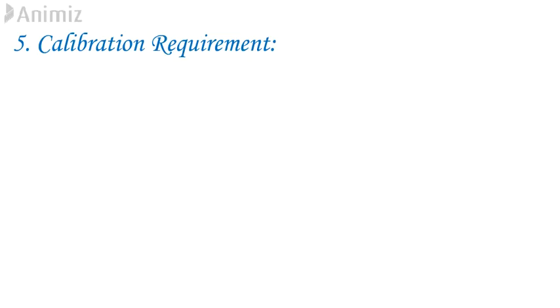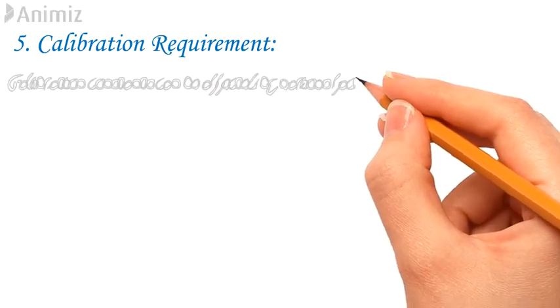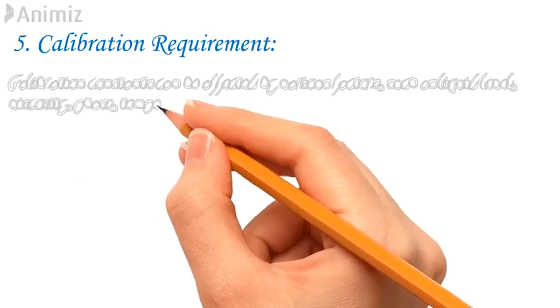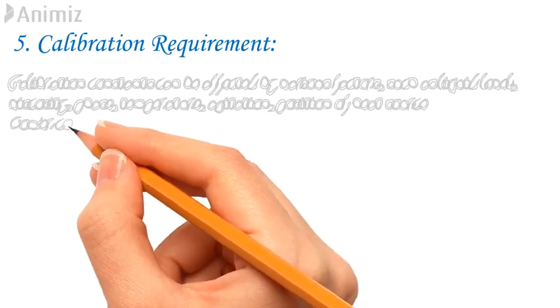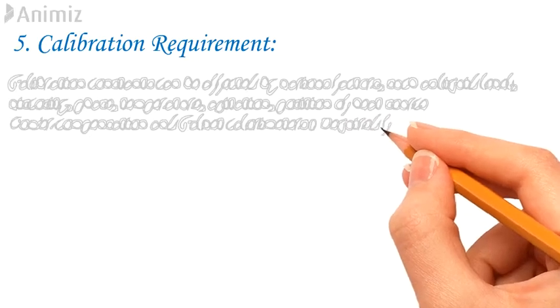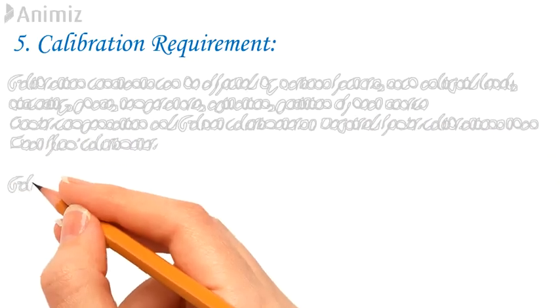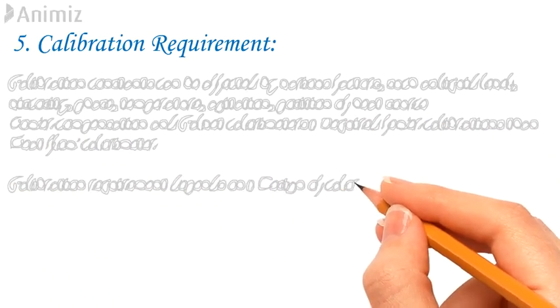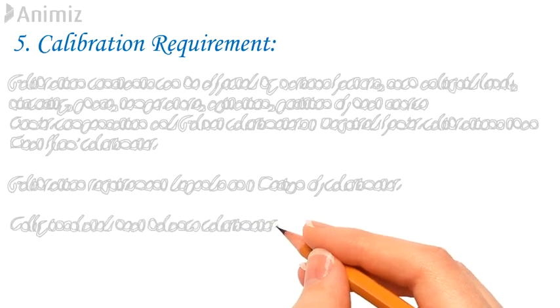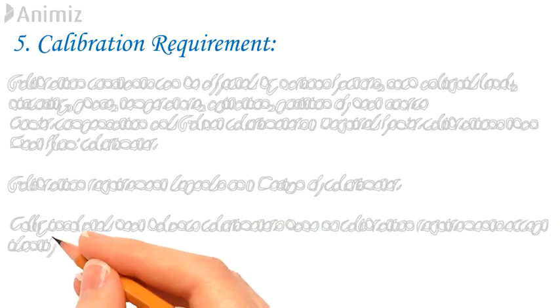Fifth, calibration requirement. Calibration constant can be affected by various factors such as liquid level, viscosity, phase, temperature, agitation, and position of heat source. Power compensation and Calvet calorimeters require fewer calibrations than heat flow calorimeters. Calibration requirement depends on the design of the calorimeter.